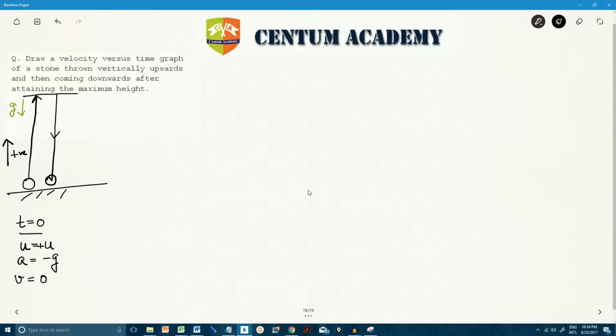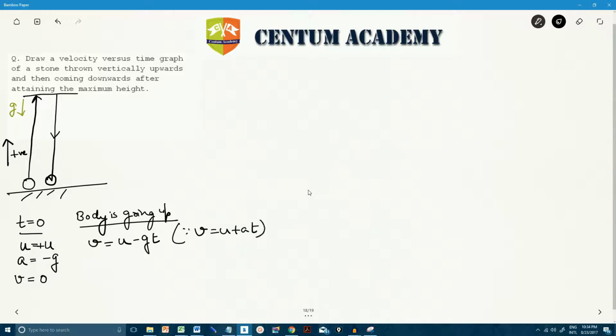So if you see, for the upward motion, when the body is going up during this phase, I can write the first equation, v is equal to u minus gt, right? This is coming from the equation v equals u plus at.